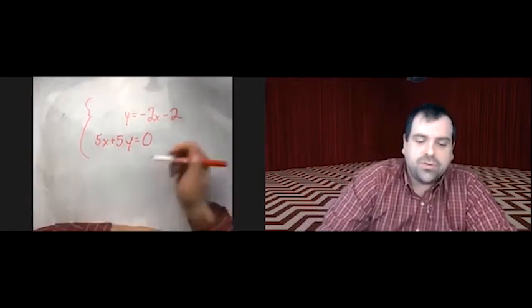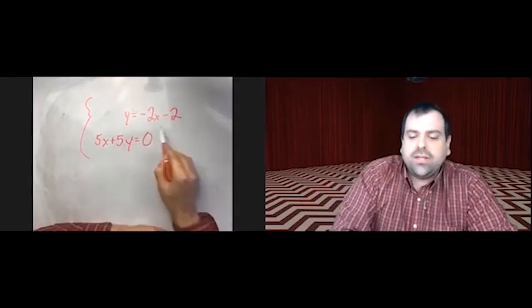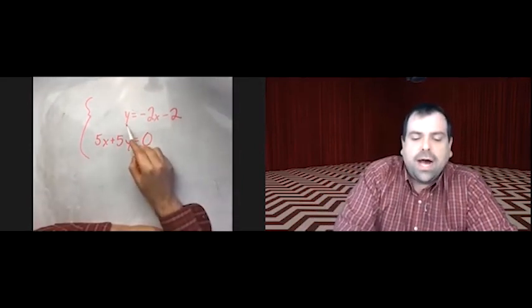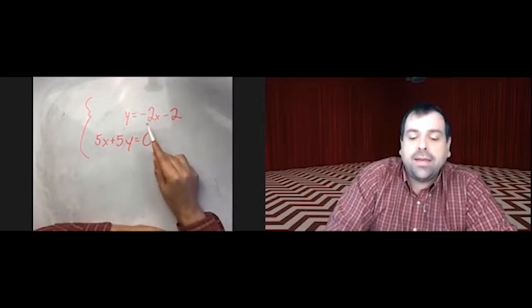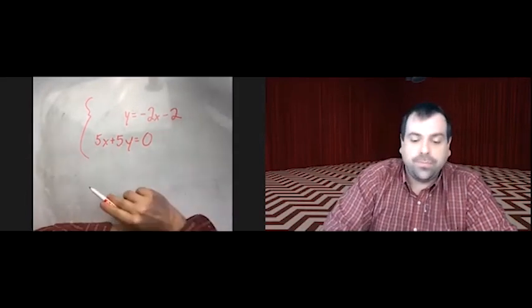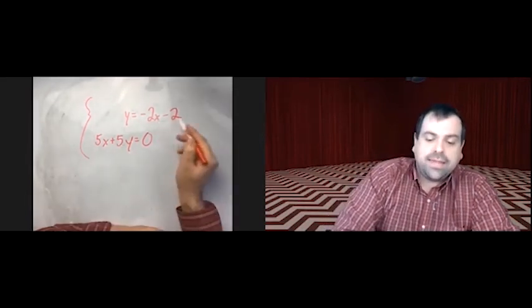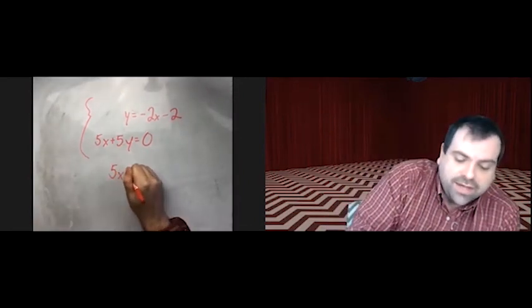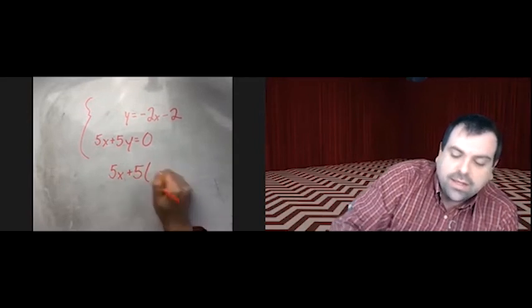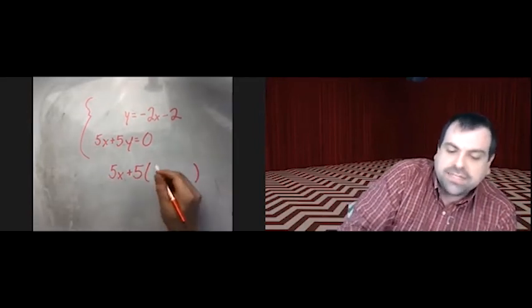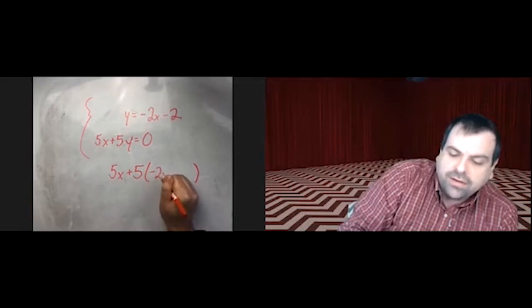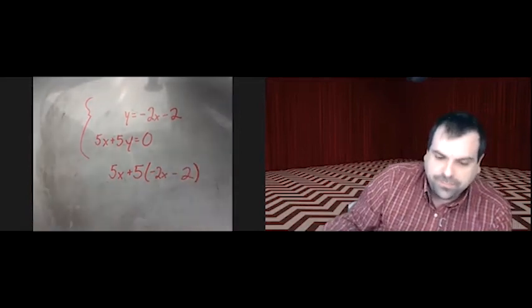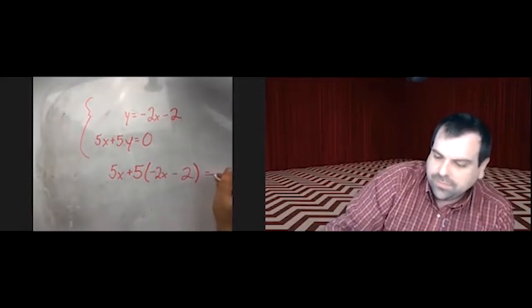We would use substitution because it's very clear here that the variable y can be represented by negative 2x minus 2. So we're going to take that and plug it in for y in the second equation. So 5x plus 5y becomes 5x plus 5 times negative 2x minus 2 equals 0.